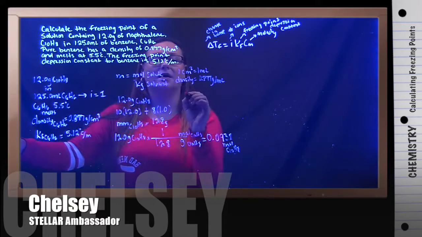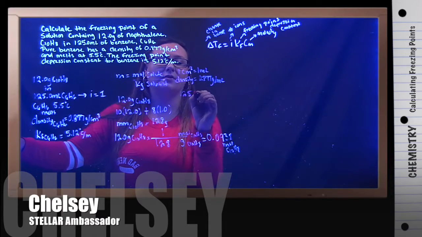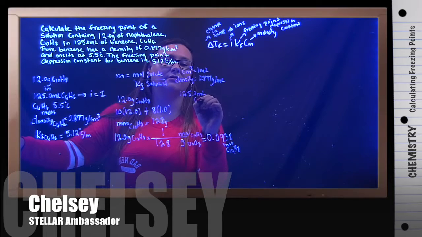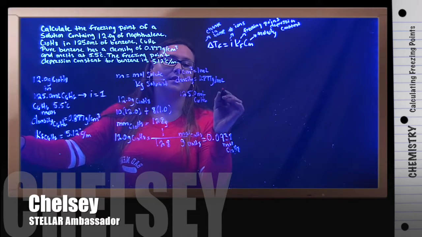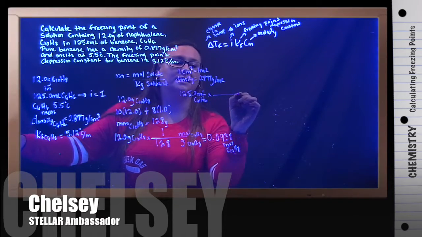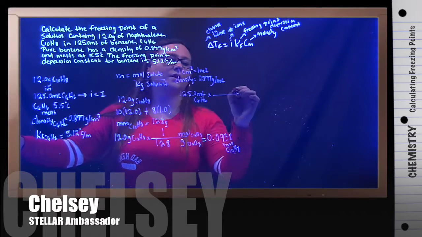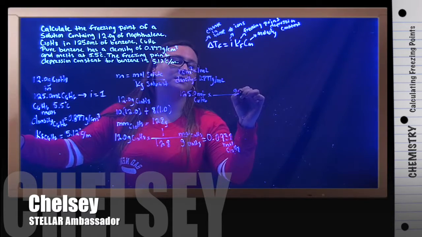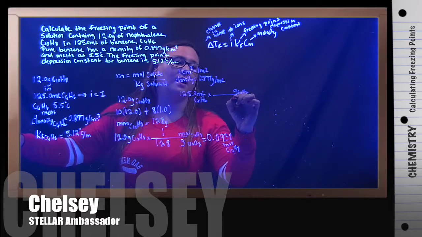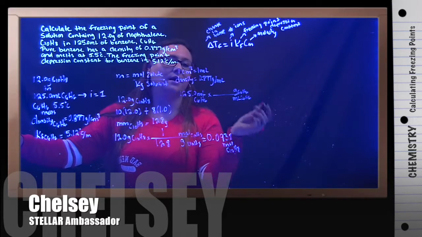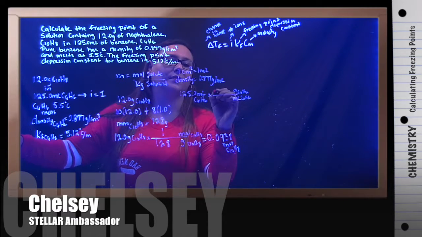So we have 125 milliliters of benzene, and we can use our density to convert to grams. If we want grams, grams is going to go on top, and we want to get rid of milliliters, so that's going to go on the bottom. And our conversion factor is this.